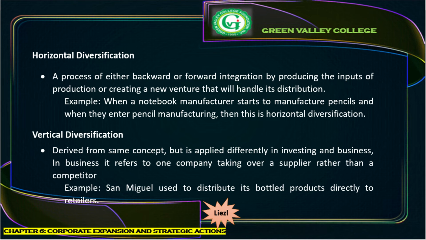So, while in diversification, derived from same concept but is applied differently in investing and business. In business, it refers to one company taking over a supplier rather than a competitor. For example, San Miguel used to distribute its bottled products directly to retailers.